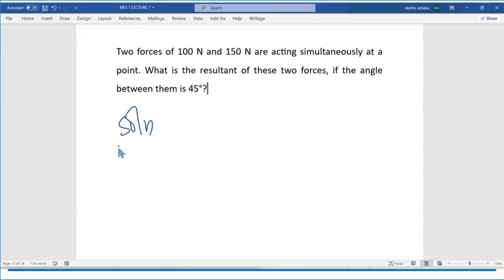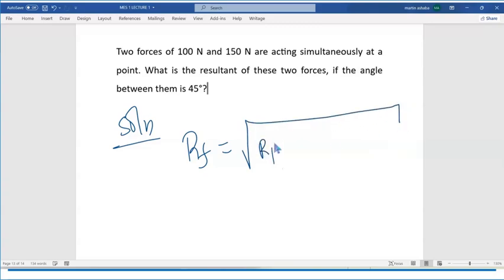Solution. We said that the resultant force using the parallelogram law of forces is equal to the square root of R1 squared plus R2 squared plus 2 R1 R2 cosine the angle in between them.